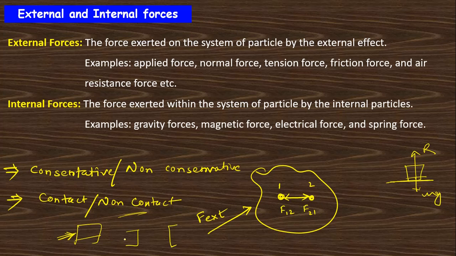If you take a north pole and south pole, if you place an iron piece, it is attracted to the magnet, right? These are not in contact but it is still attracted. So this is the contact force and non-contact force. Contact force is in contact with the body, and non-contact is not in contact with the body, right?